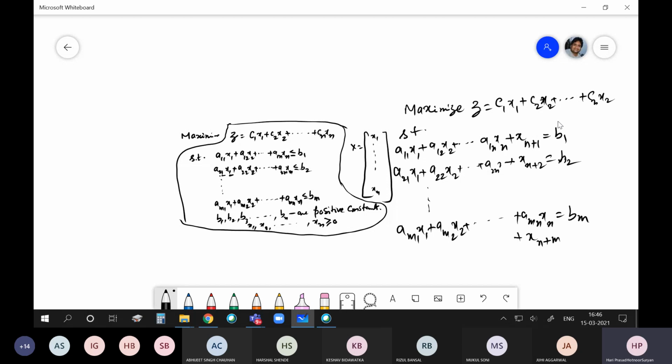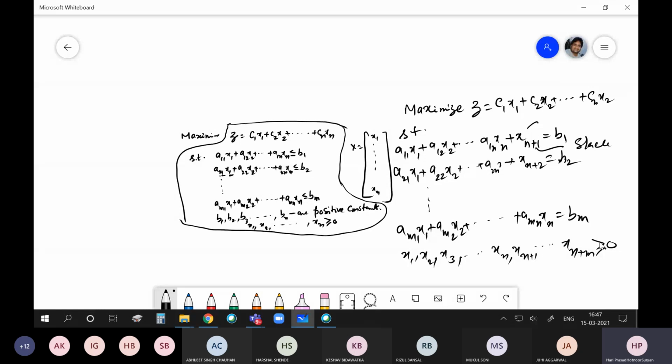All the slack variables we have added are positive values. So now our problem becomes like this: x1, x2, x3 up to xn, and also xn plus 1 to xn plus m, should all be greater than or equal to 0.